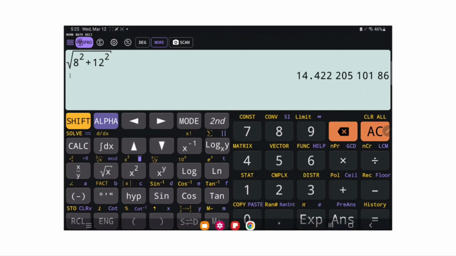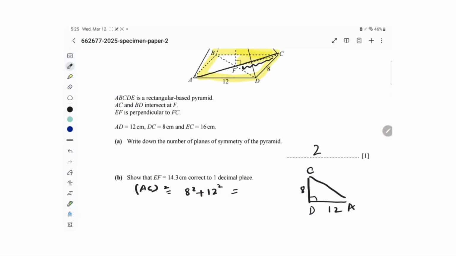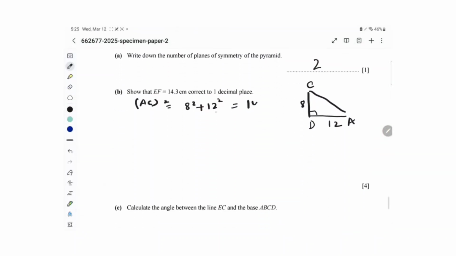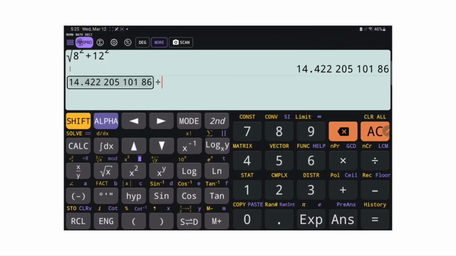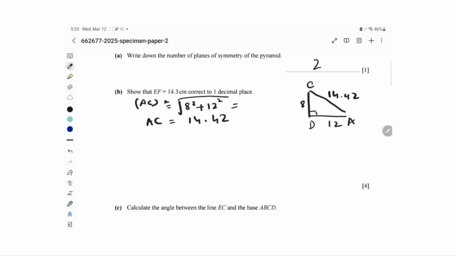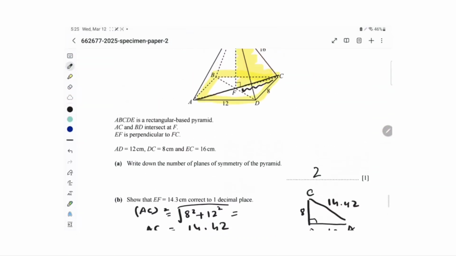That is AC. Half of AC, divided by 2, is 7.21.